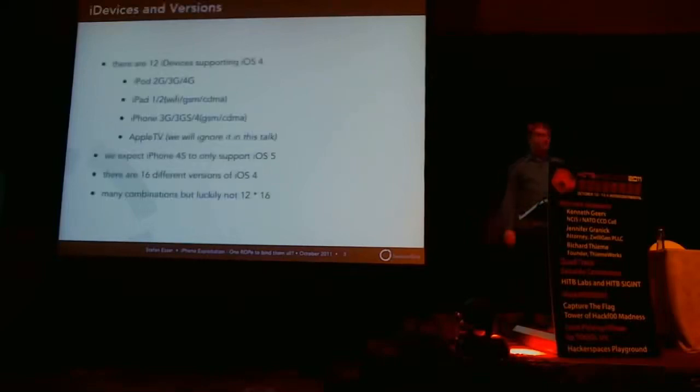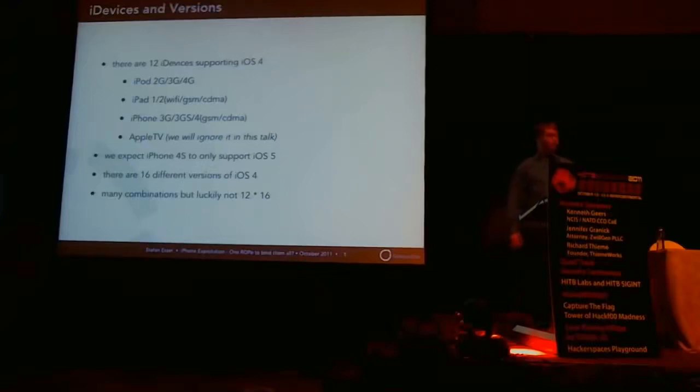When you look at the iDevices and the versions, you see that there are 12 different iDevices that are supporting iOS 4. It's the iPod 2, 3, and 4G. There's the iPad 1, iPad 2 Wi-Fi, iPad 2 CDMA, iPad 2 GSM.